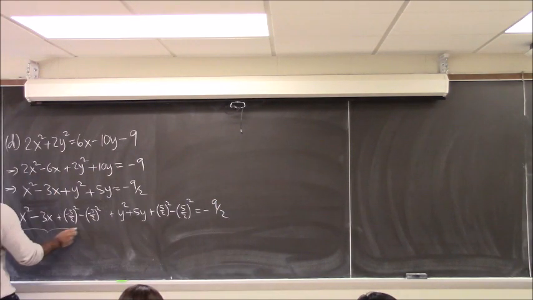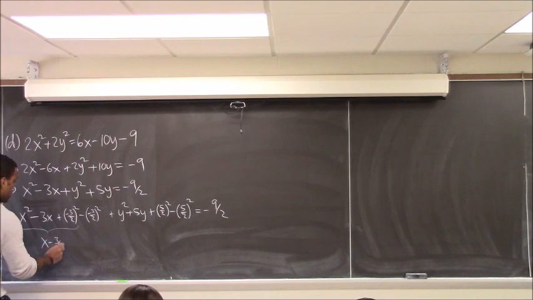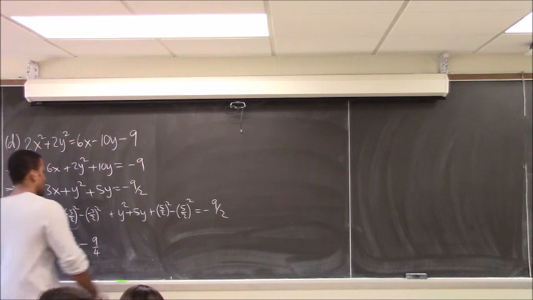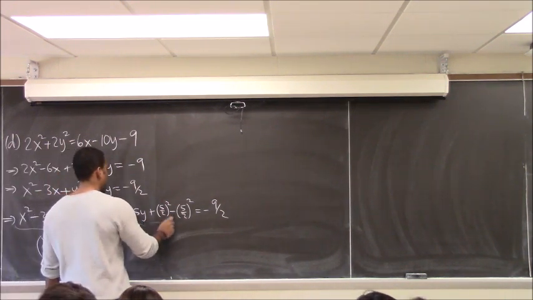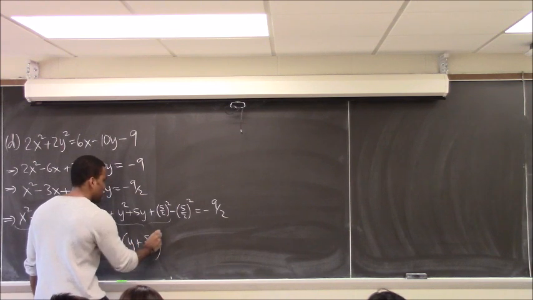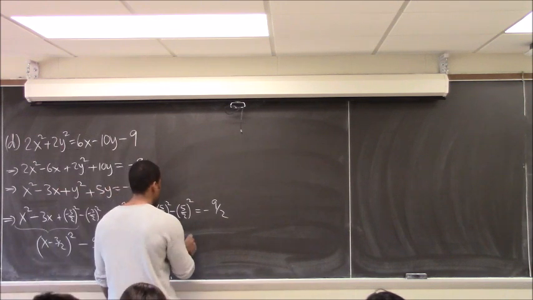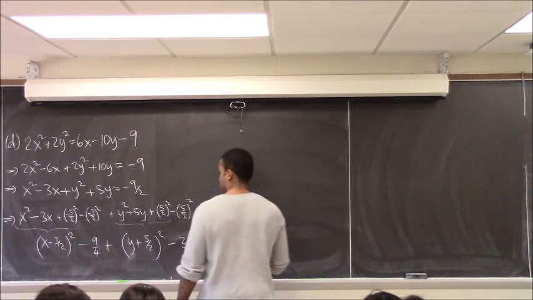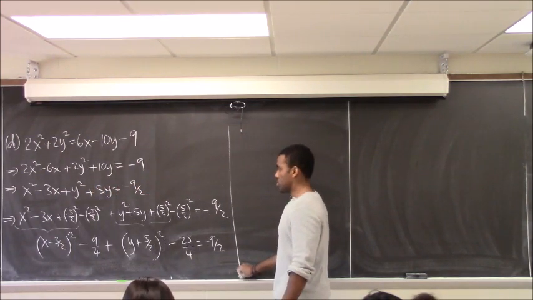First three complete the square: x minus 3 over 2 squared. Here I'm going to be left over with a 9 over 4, plus these guys will be a complete square, y plus 5 over 2 squared, minus 25 over 4.